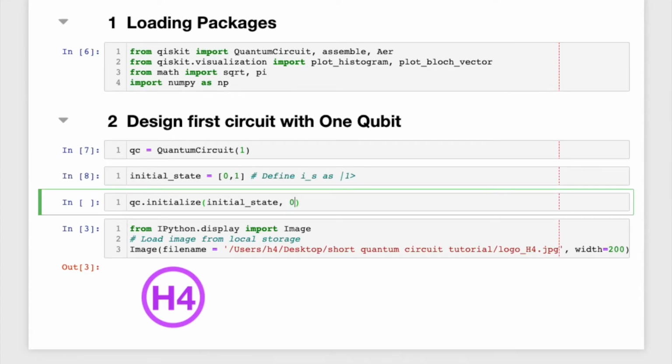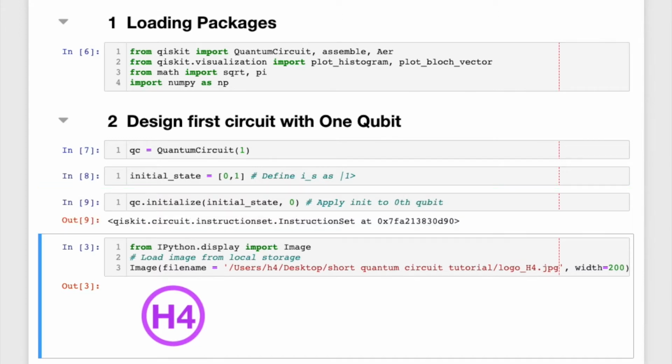We say QC dot initialize, so we are telling it to initialize the qubit. Then we define the initial state, which is the ket 1 vector, and we say to which qubit we are assigning it. The first qubit is always 0 in Python. So this applies the initialization to qubit 0 of our QC.